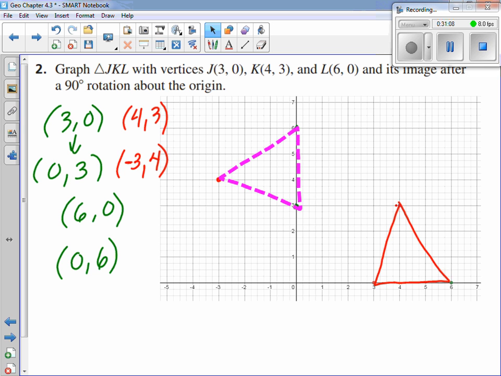And since 0 cannot be positive or negative, it does not become negative. It's just 0. Questions on this here? Are we good with this here? Yes?